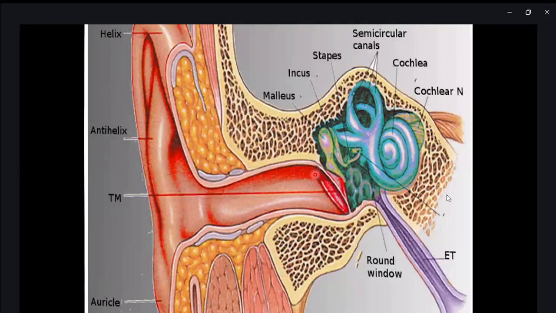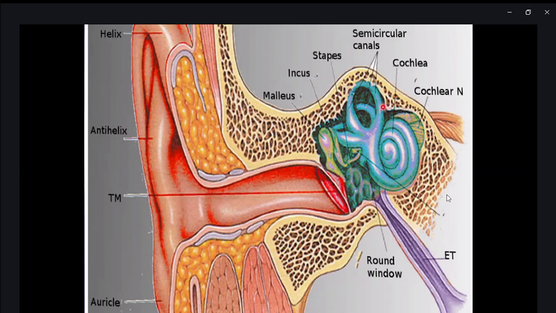Then we have the inner ear. The inner ear comprises two parts. We have this coiled structure that we refer to as the cochlea. The cochlea, part of the vestibulocochlear nerve, originates from the cochlea.